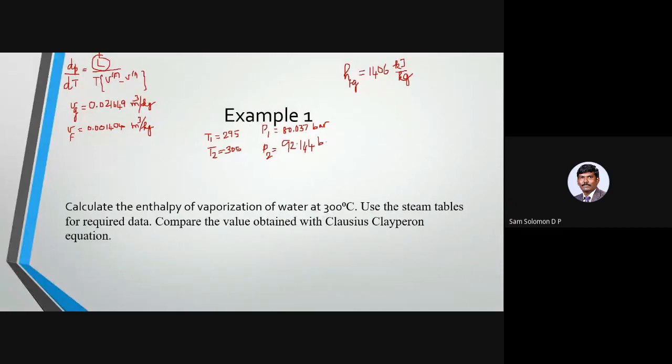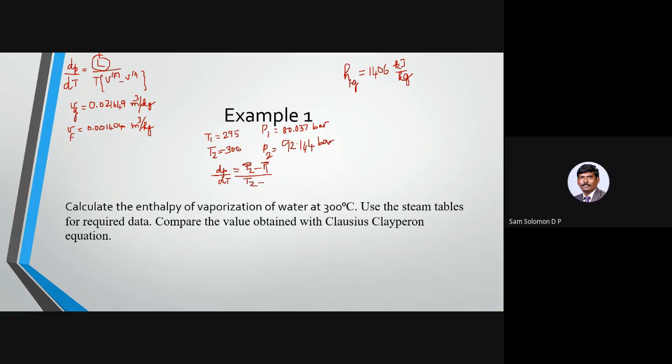Now dP by dT is nothing but P2 minus P1 divided by T2 minus T1. We are just taking this randomly from the steam tables. Sorry, in the numerator it is P2 minus P1, divided by T2 minus T1.